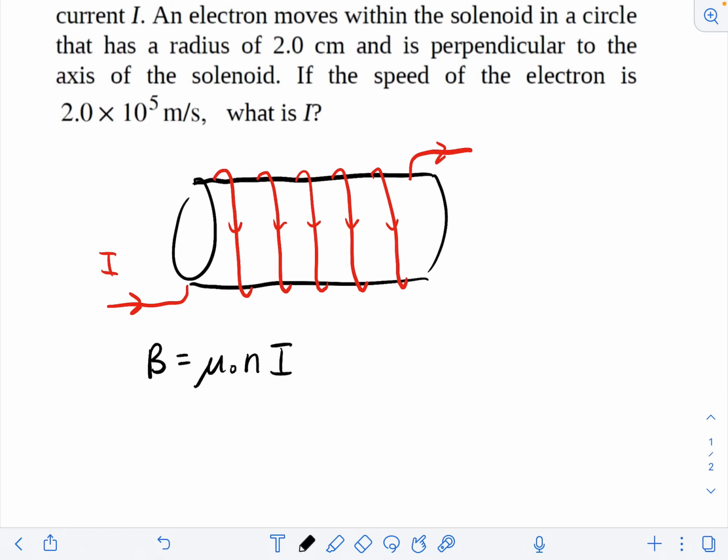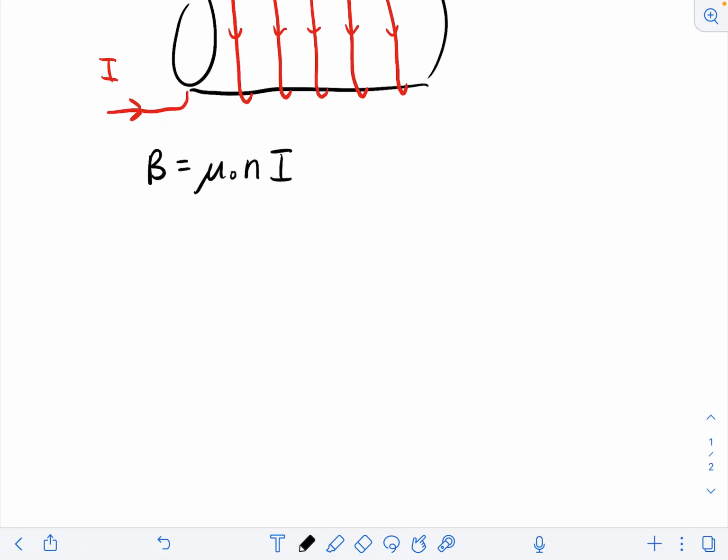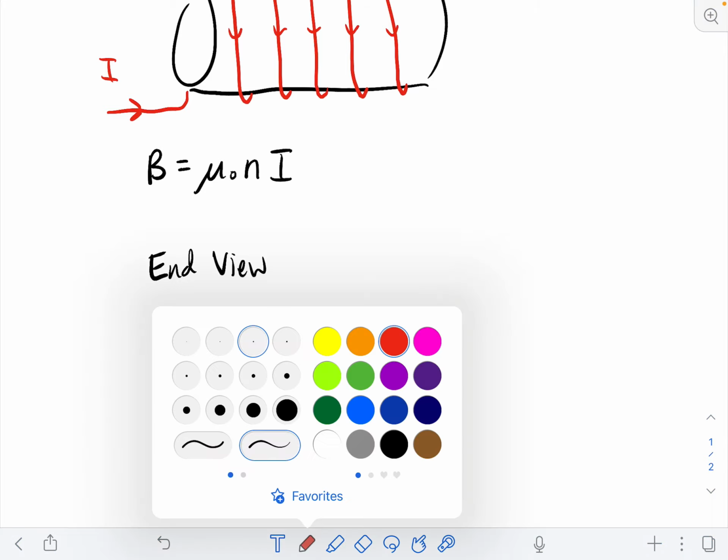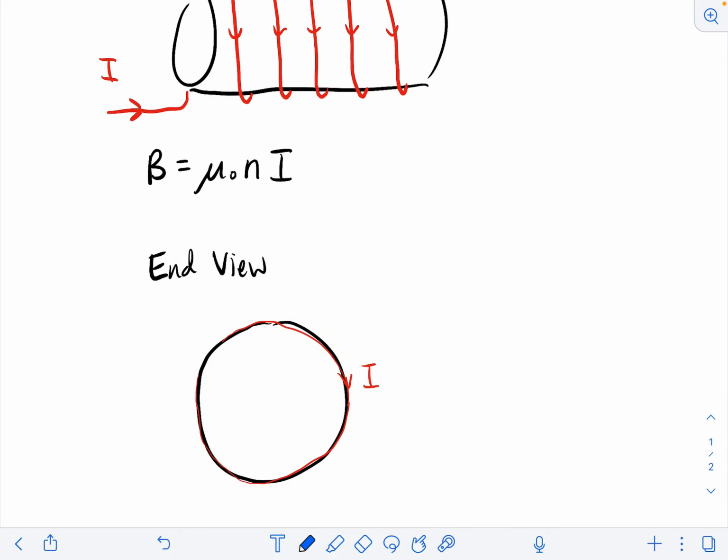If we take an end view of the solenoid, we're looking into the solenoid here, and maybe our current windings are going around in this direction. If that was the case, by the right-hand rule, we would have a magnetic field that is pointing into the page. Then inside here we've got an electron in circular motion.